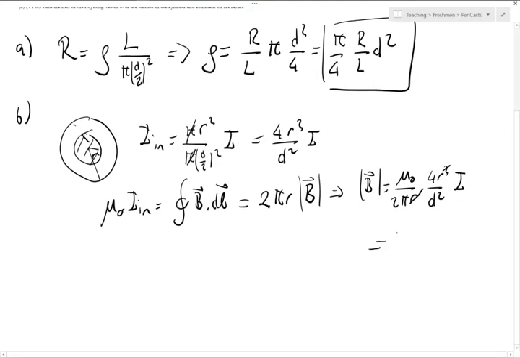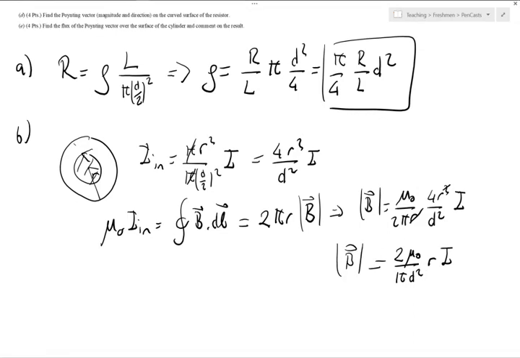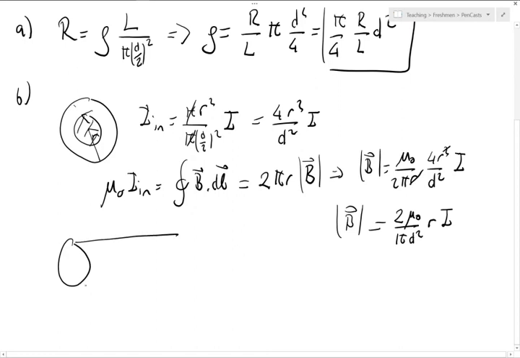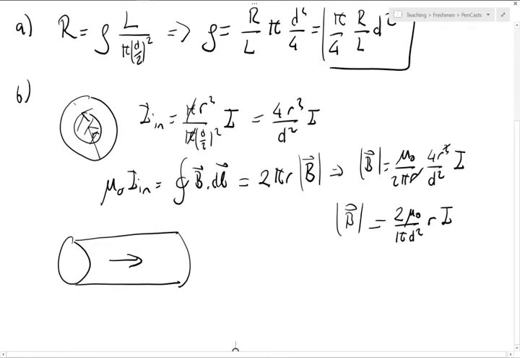So this is going to be 2 mu 0 over pi d squared times r times I. That's the magnitude. How about the direction? Well, if the current is running to the right, by our right-hand rule, B must be circulating around that cylinder.